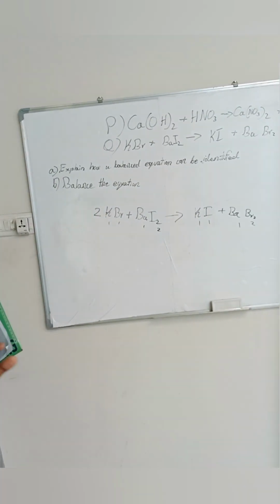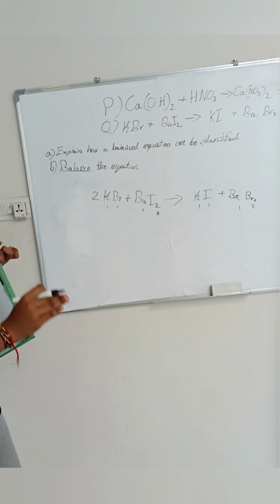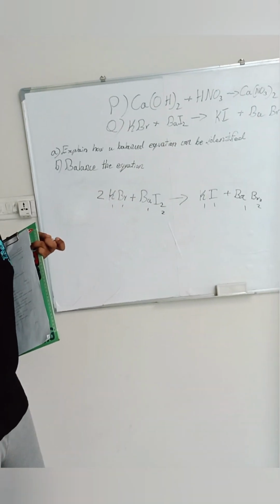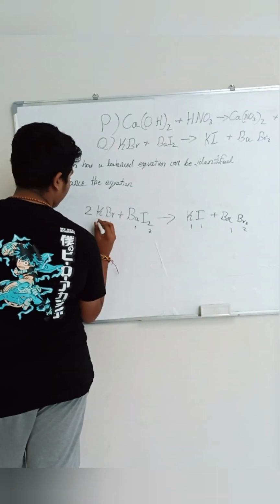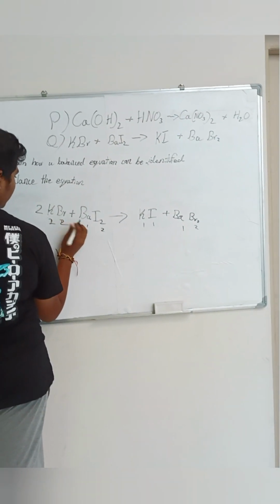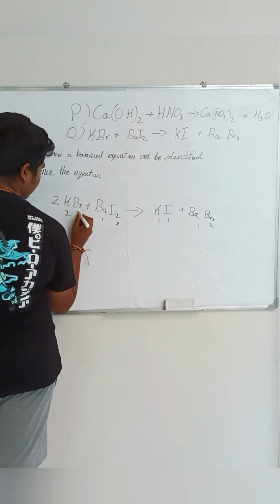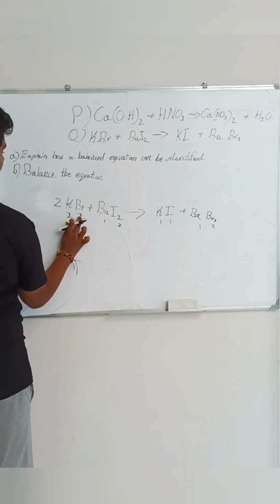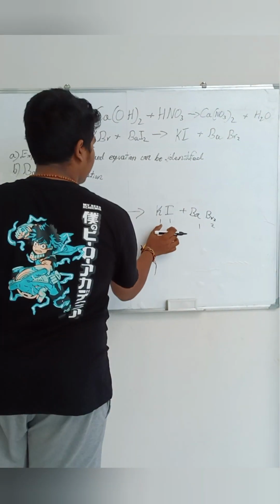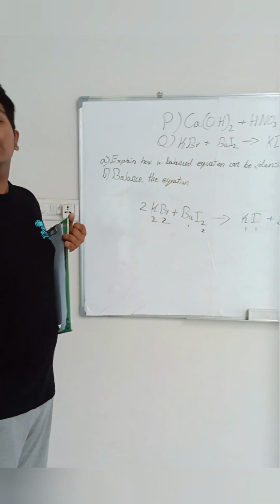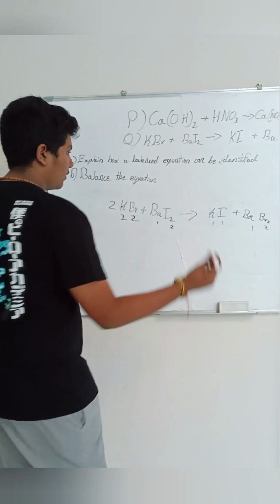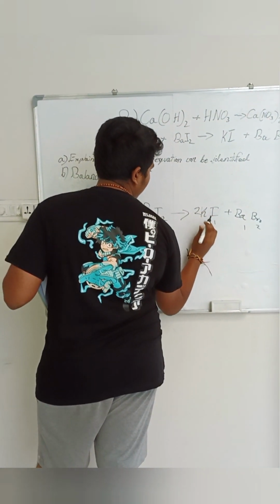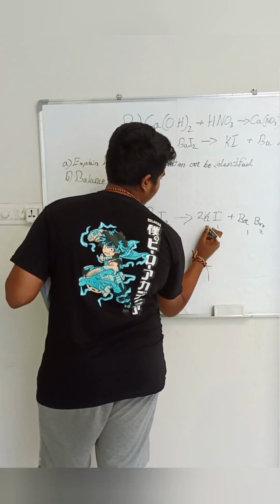But if 2 comes with K and Br, K will also become 2, right? So here will become 2, here will become 2. But K on the product side is given 1. So what do you have to do with the product? Put a 2 there as well. So you add a 2 here, which becomes 2.